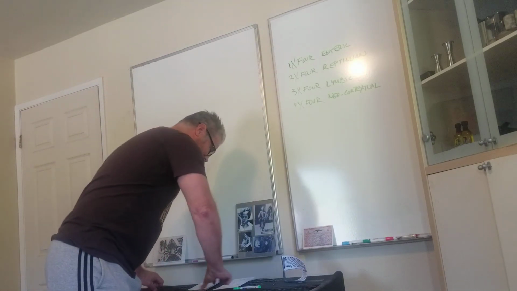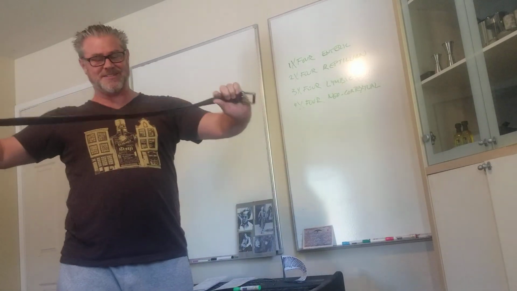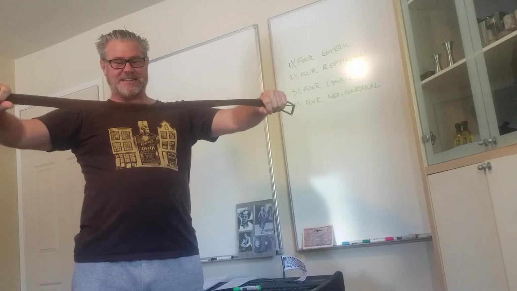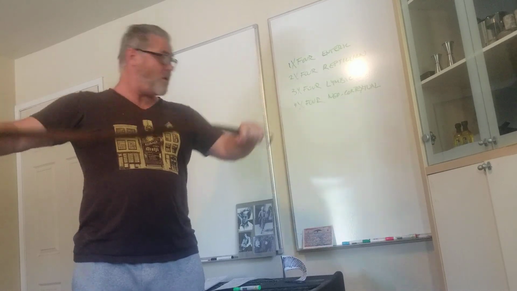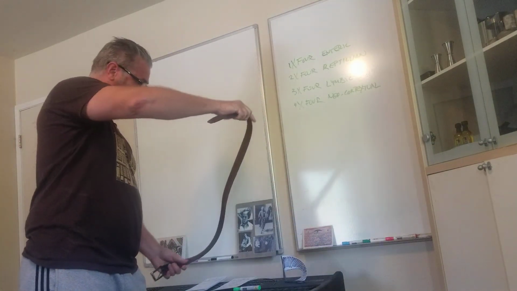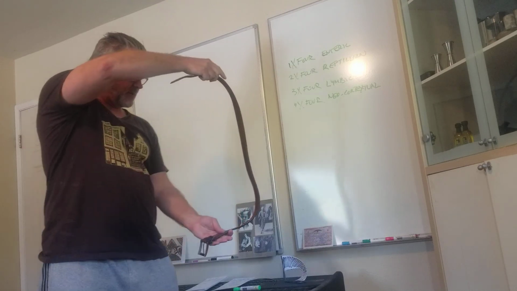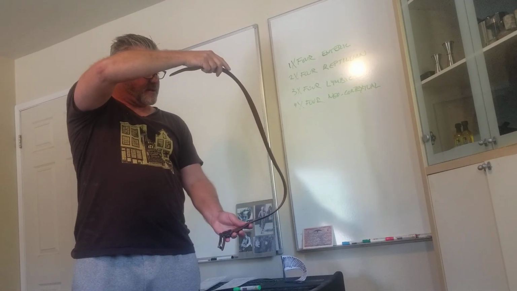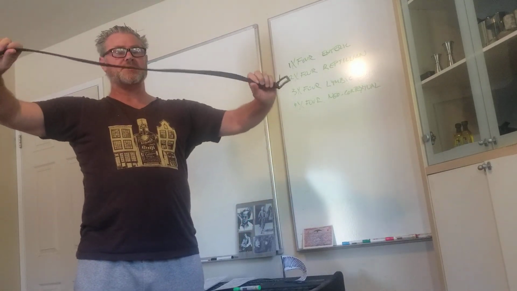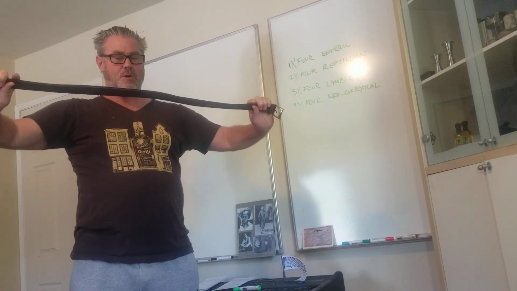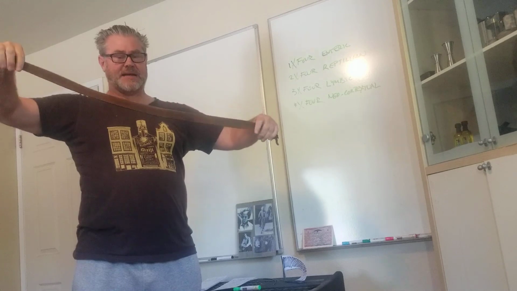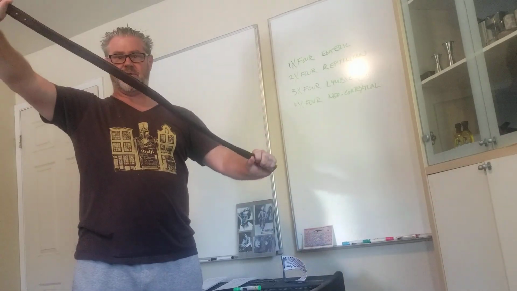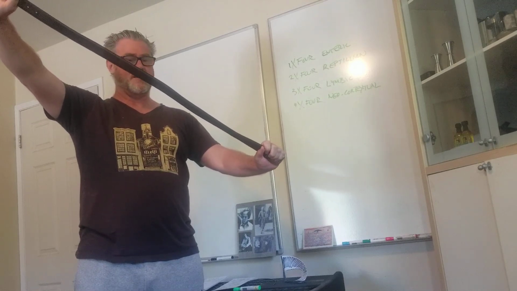I'm going to start with a belt. This is kind of the feminine. We have a belt with an inside and an outside, and let's assume it just carries on forever.